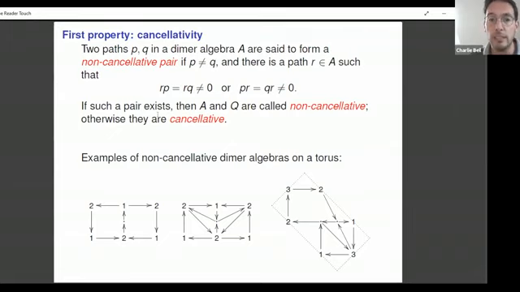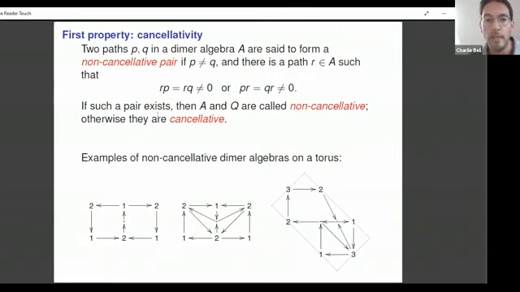If such a pair exists, then P and Q are called non-cancellative, otherwise they are cancellative. So we can cancel paths when we can: we can cancel the R's, and say if RP equals RQ, then P equals Q.